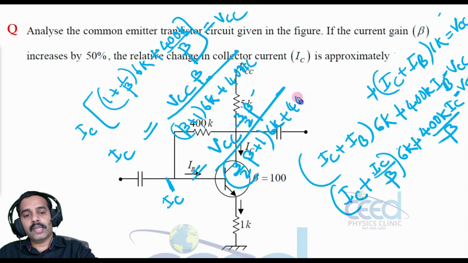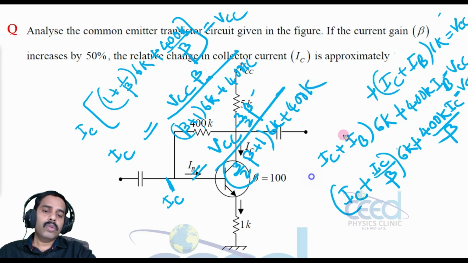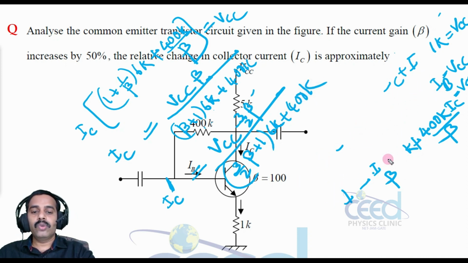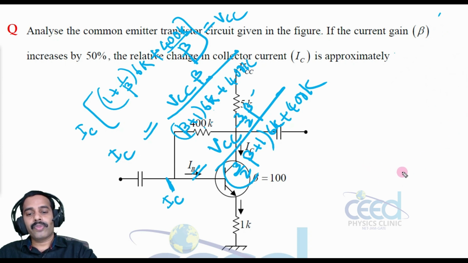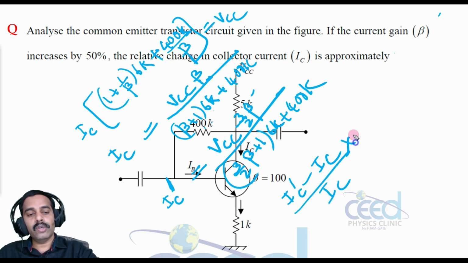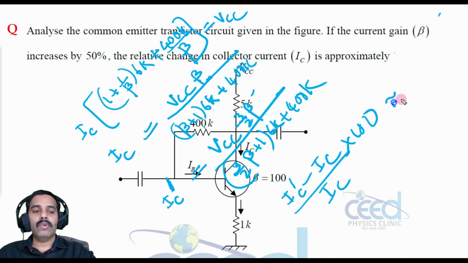Now in the question we need to find the relative change in collector current, that is IC dash minus IC divided by IC, into 100. You can subtract and divide, cancel out the common parts and simplify, then finally you will get 15%.